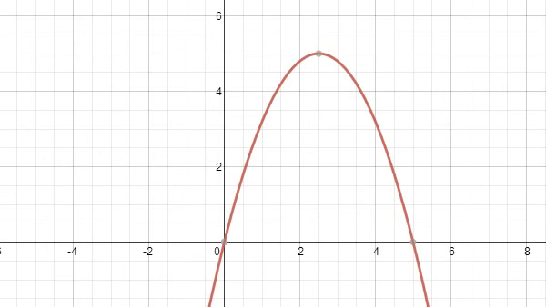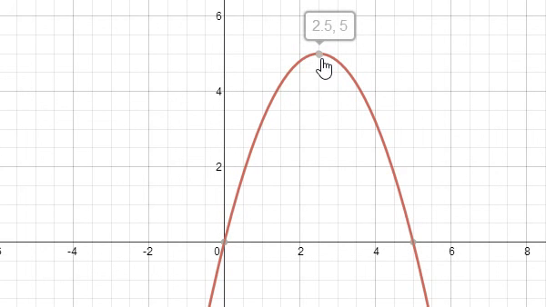Hopefully we do. Alright, so we graphed the equation for our area, which was negative 4/5 A squared plus 4A. As you can see up here, the x represents the A, and the y-axis represents the area.